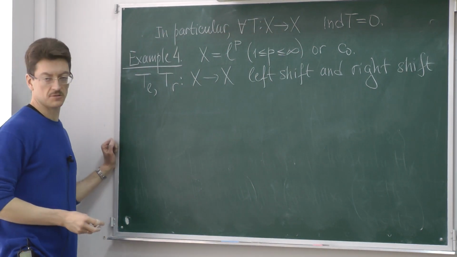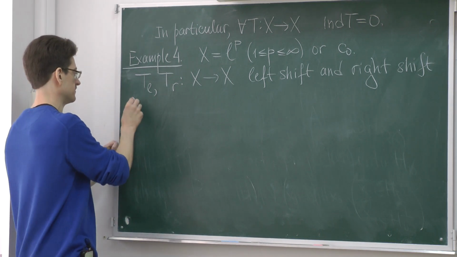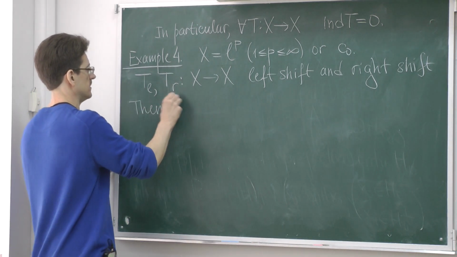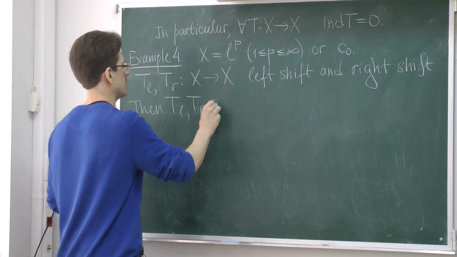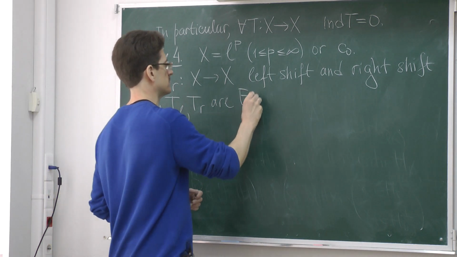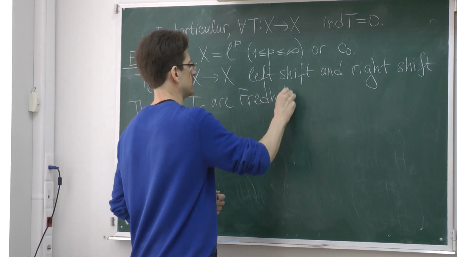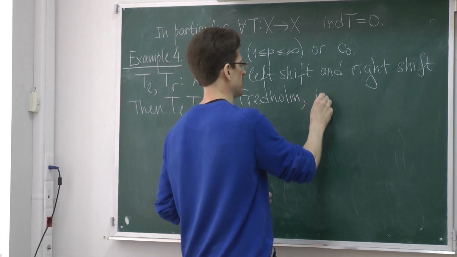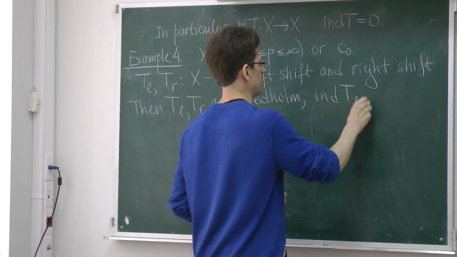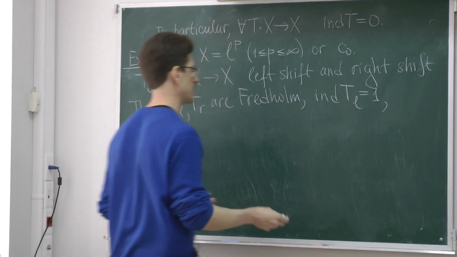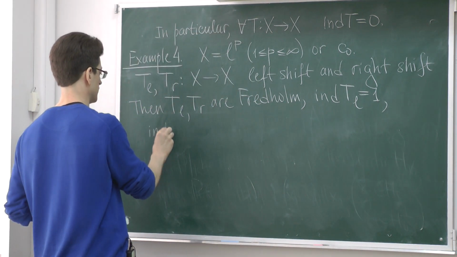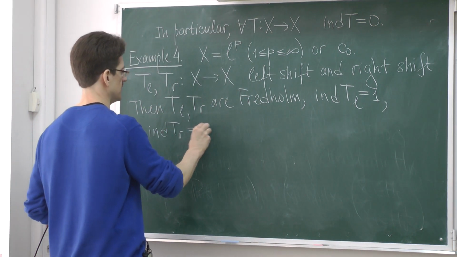Then it's easy to see that both of them are Fredholm. T_L and T_R are Fredholm. The index of the left shift equals 1, and the index of the right shift equals minus 1.